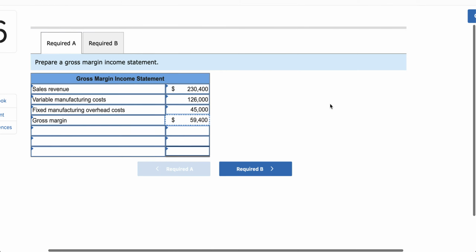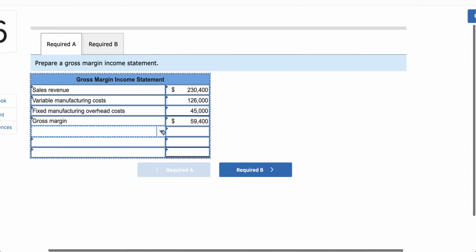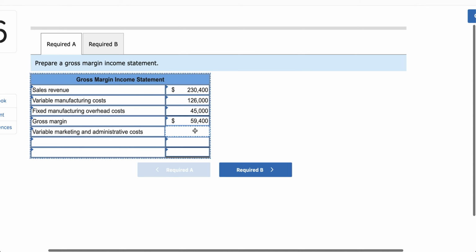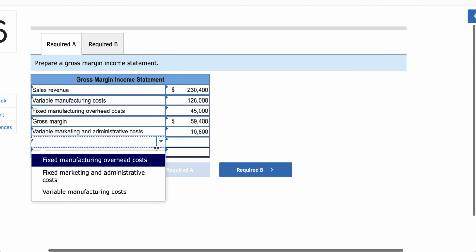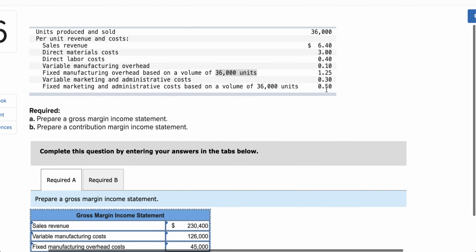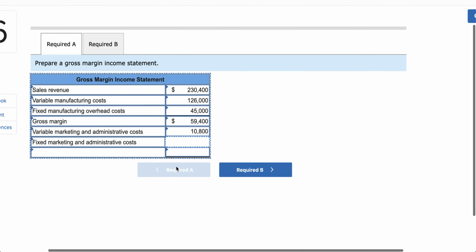Multiply that times 36,000 units, and we come up with 10,800. And then the fixed marketing and admin is 50 cents times the 36,000 units, as we see here. And that gives us 18,000.